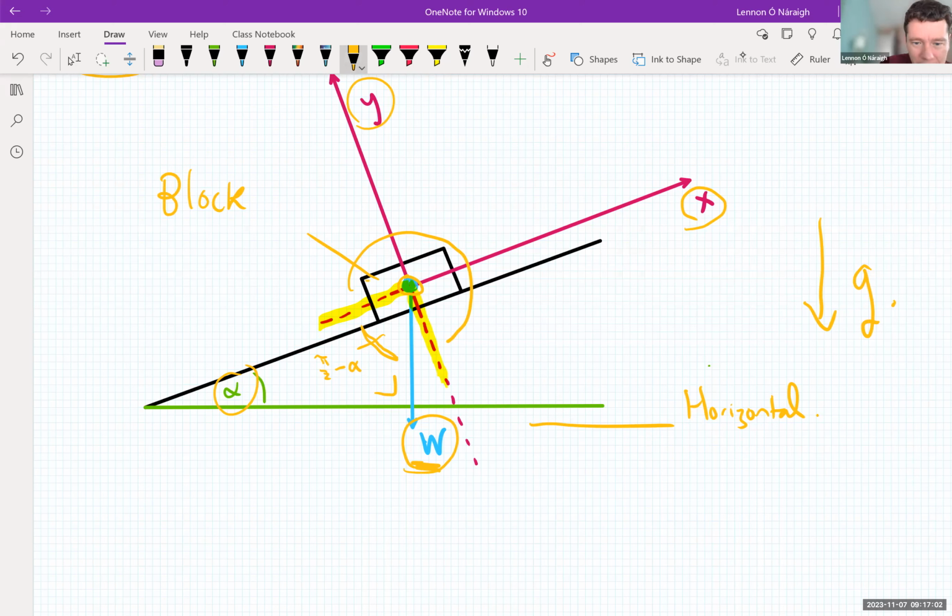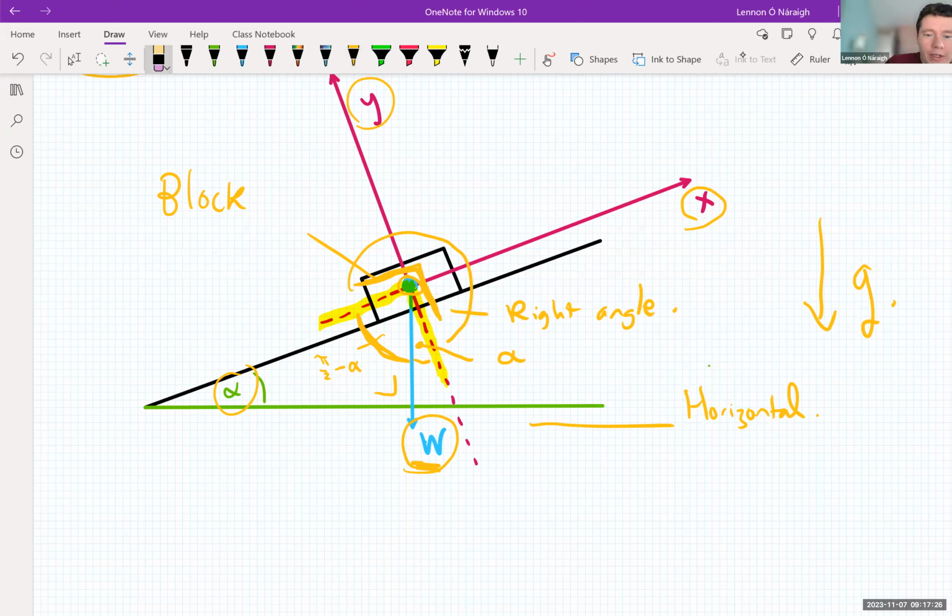And the point is, this is a right angle. So this is pi over 2 minus alpha. The whole thing has to sum to pi over 2. So that means the remaining angle in here has to be alpha.